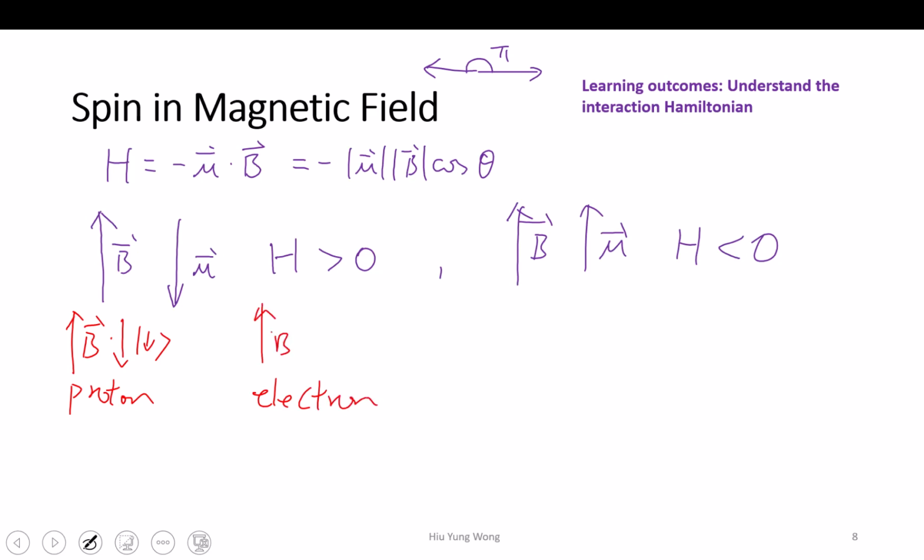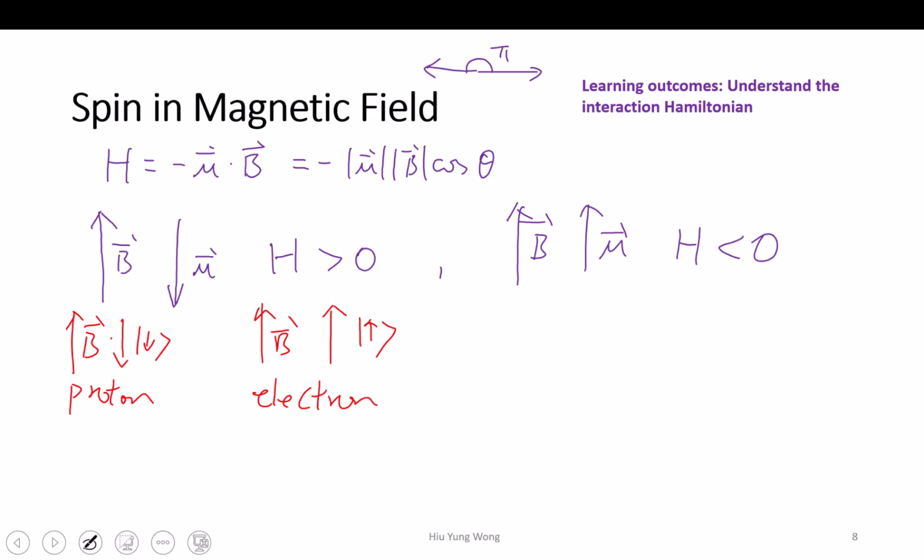But for the electron, when the magnetic field is pointing up and the magnetic moment is pointing down, it means the electron has a spin pointing up. Right? Because when the electron spin is pointing up, the magnetic moment is pointing down. So if the electron spin and the magnetic field are in the same direction, you actually get higher energy. So it's opposite to the proton case.